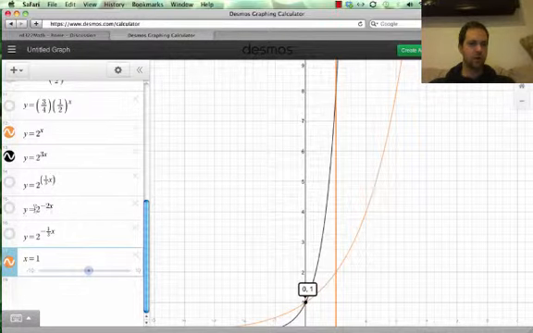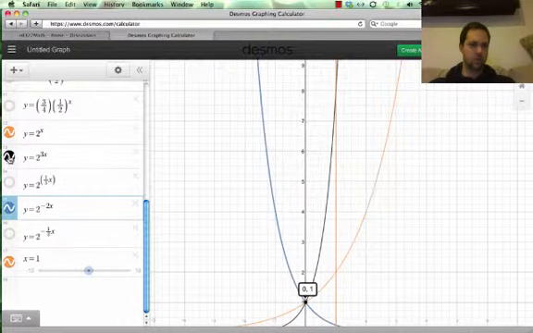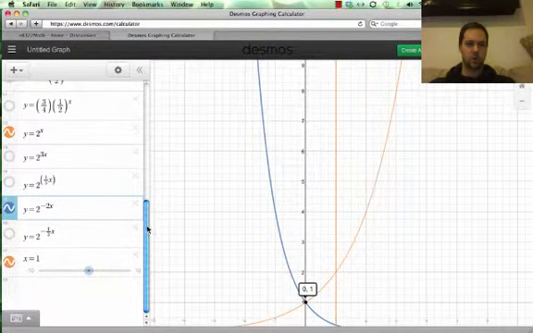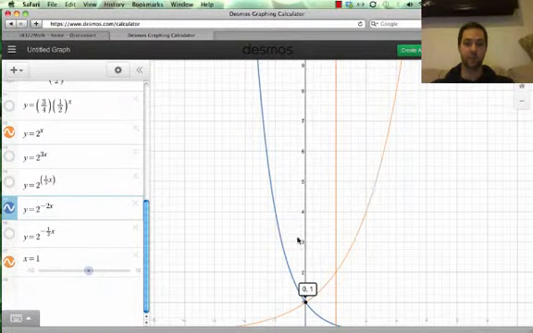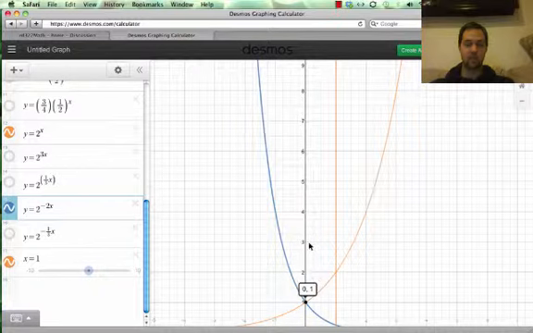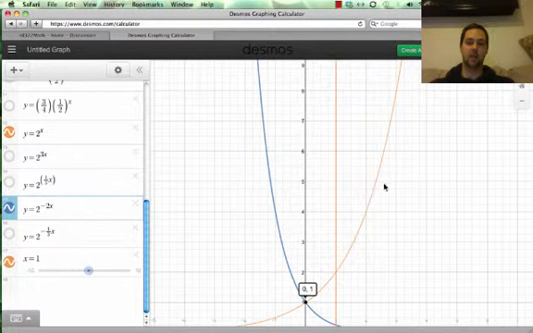It's 2 to the power of negative 2x. Now we'll also see what the effect of a negative coefficient in front of the exponent does, and you see that it also causes a reflection, and this reflection is about the y-axis, so it's reflected from side to side.